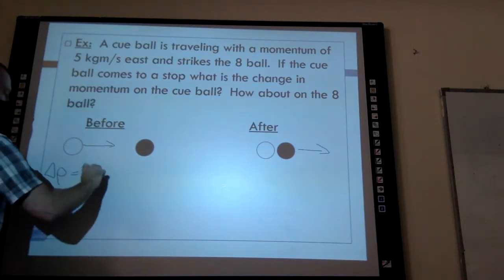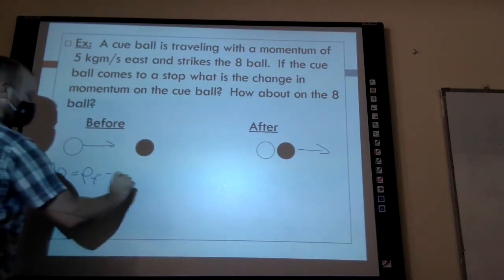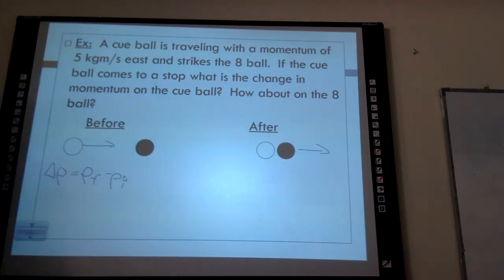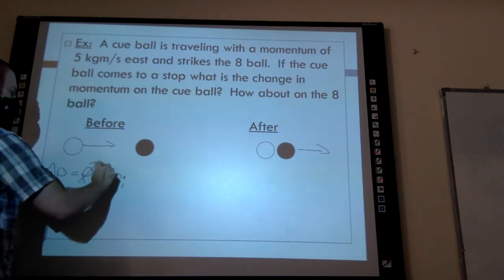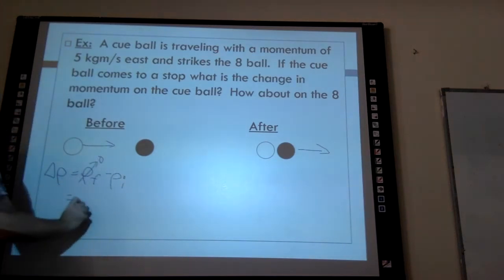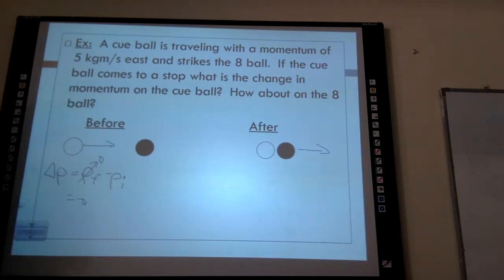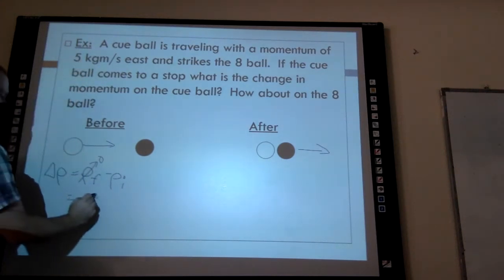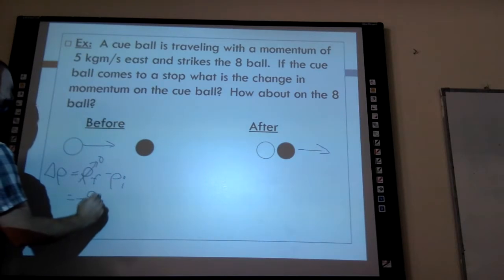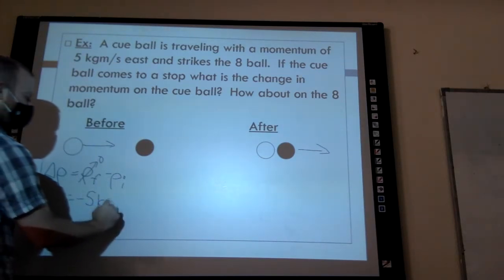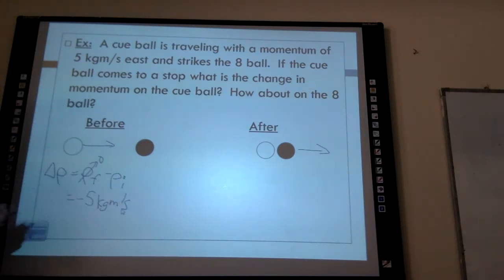Momentum final minus momentum initial. What is the cue ball's final momentum? 0, because it comes to a stop. So my change in momentum is negative. Initial momentum, we have that already. So its change in momentum is negative 5 kilogram meters per second.